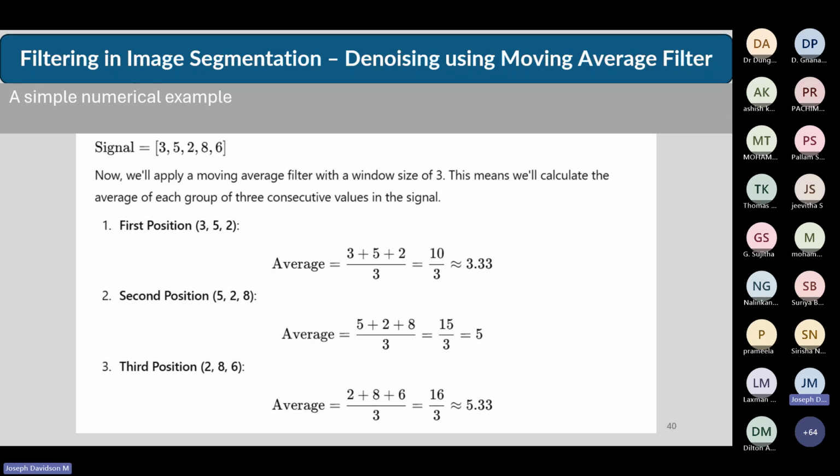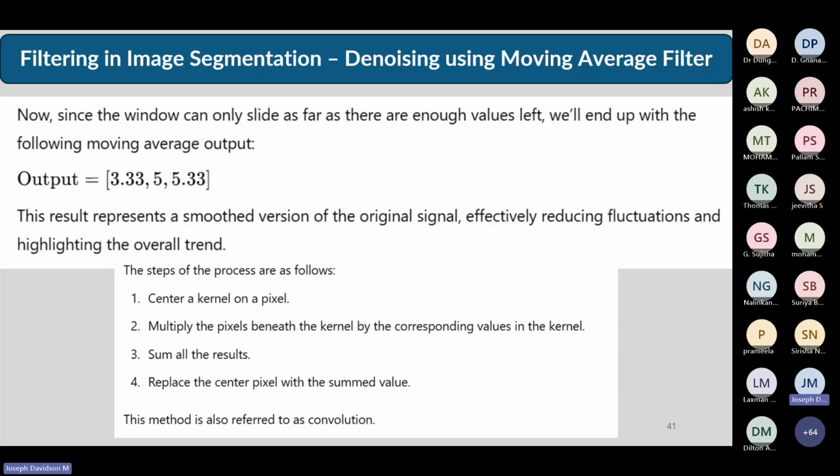Now there is no more data, so it stops. Now the approximation of 3, 5, 2, 8, 6 is 3.33, 5 and 5.33. Meaning there was a signal with an intensity of 8, a signal with an intensity of 2, and a signal with an intensity of 6. All I am doing is averaging or smoothing it with new signals of magnitude 3.33, 5 and 5.33.